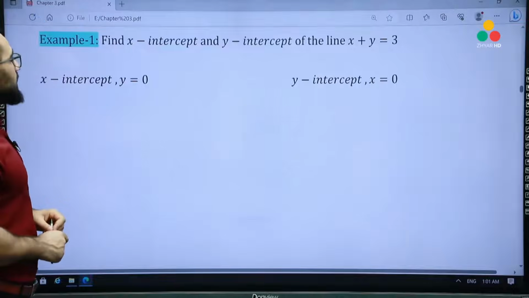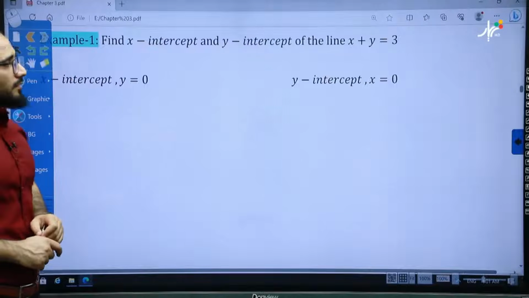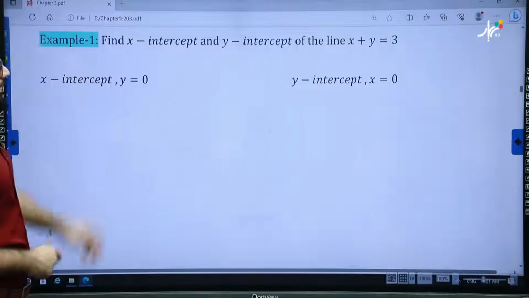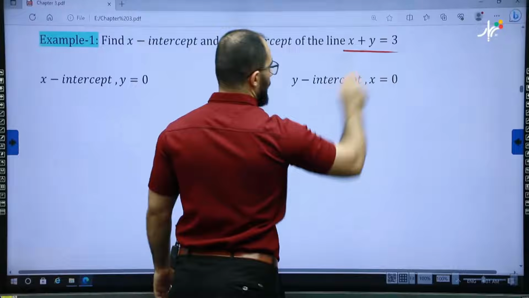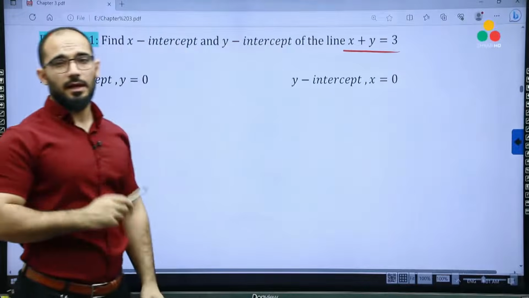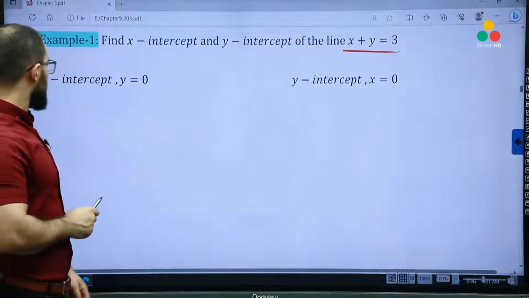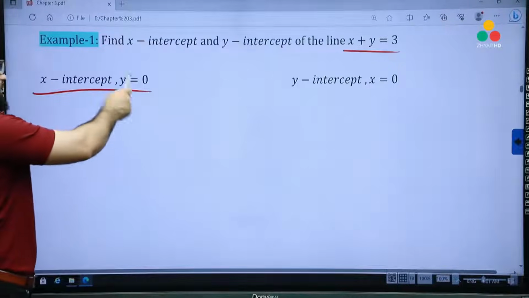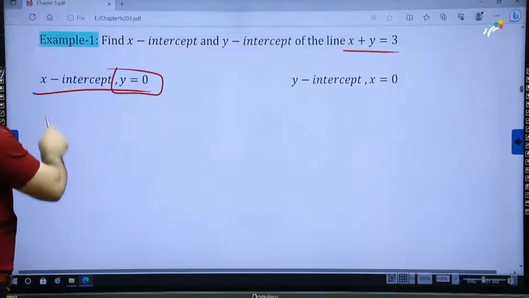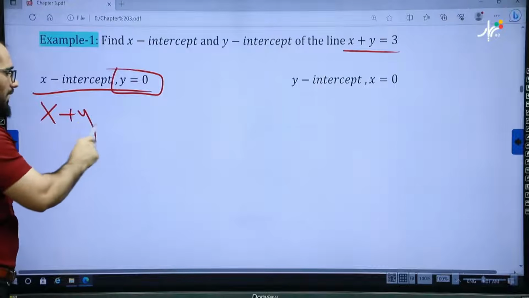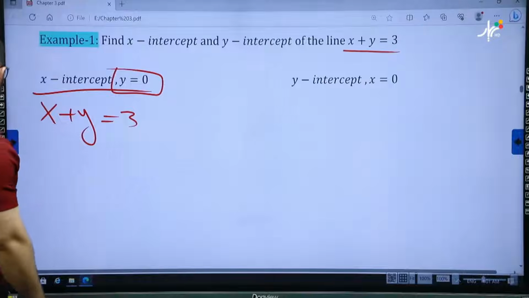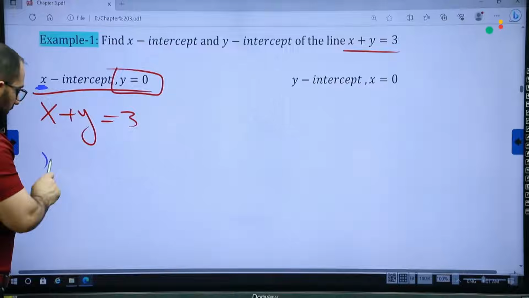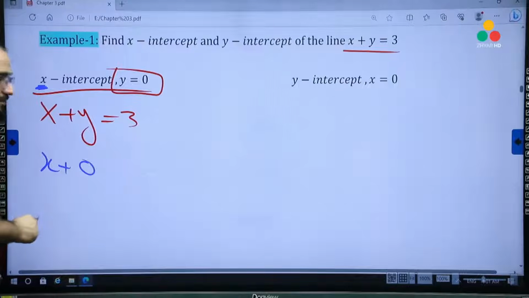Example 1: find the x-intercept and y-intercept of the line x plus y is equal to 3. So we have this line. For the x-intercept, I told you y is equal to 0. It means x plus y is equal to 3, and because you want to find the x-intercept, in the place of y, write 0.